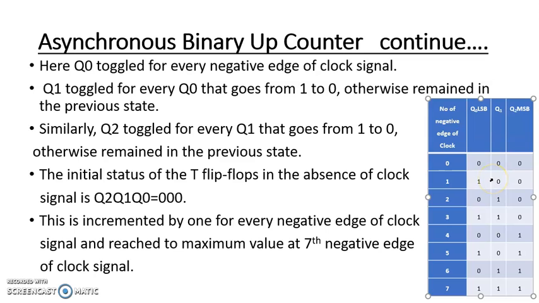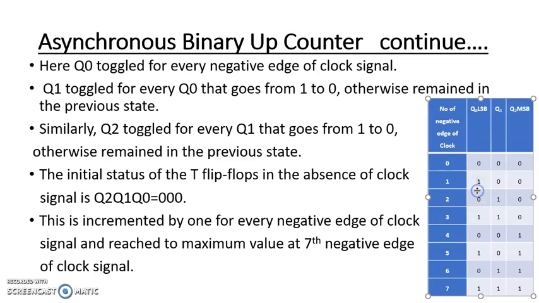Since it is an asynchronous binary counter, the Q1 and Q2 outputs are not affected directly by the input clock pulses. The Q1 output changes only when its clock input, which is connected to the output of Q0, changes its state from 1 to 0, because it is negative edge triggered.